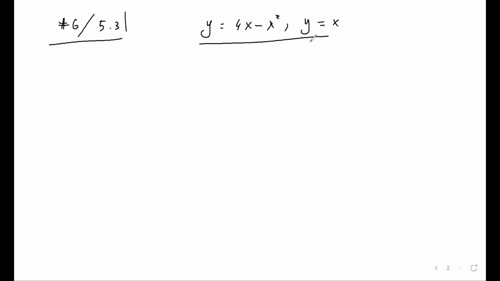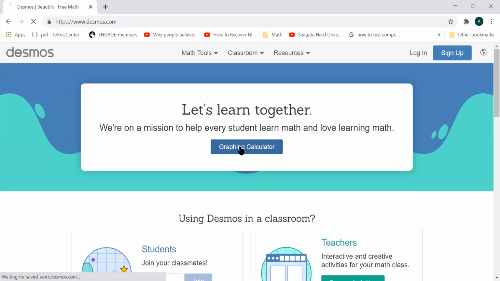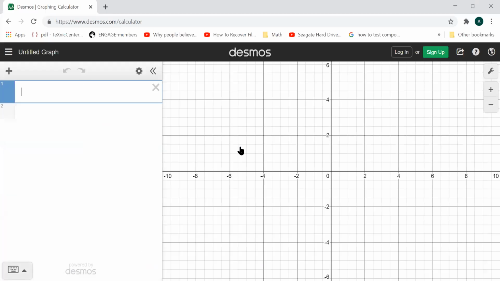Now, let me show you what this looks like in real life in Desmos. So we're going to open Desmos here. I'll share that with you folks. So here's what we have. One curve is y equals 4x minus x squared.